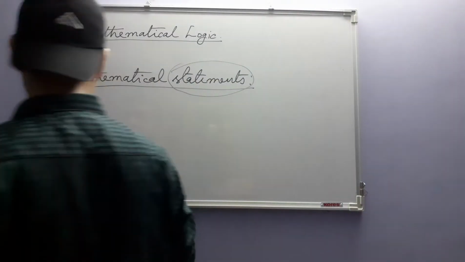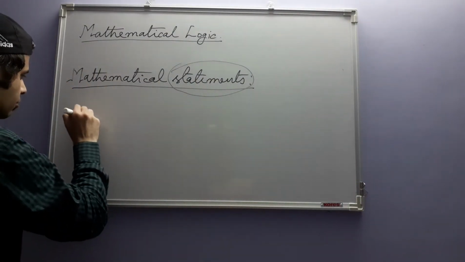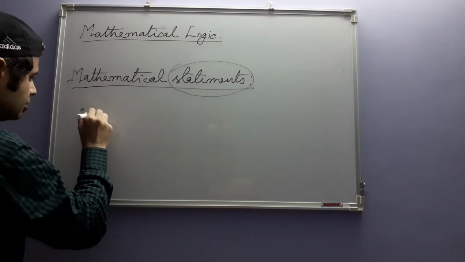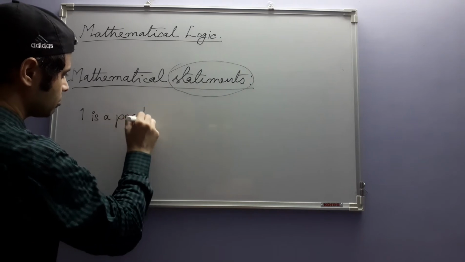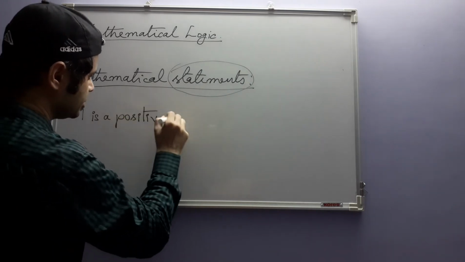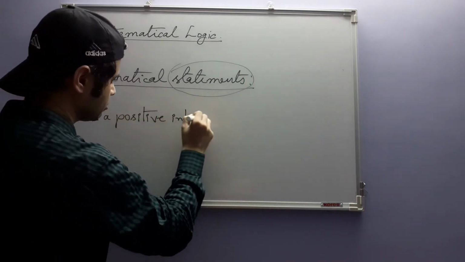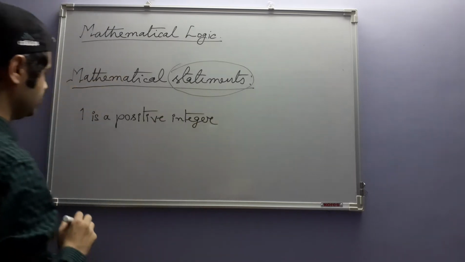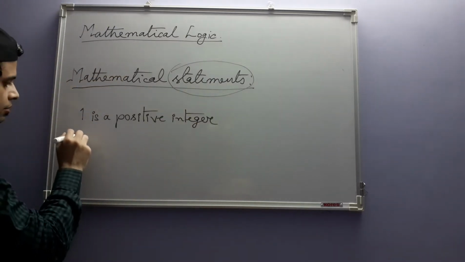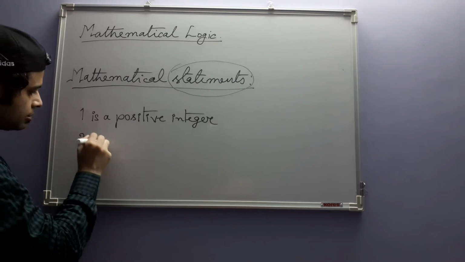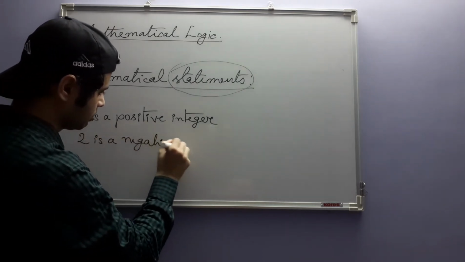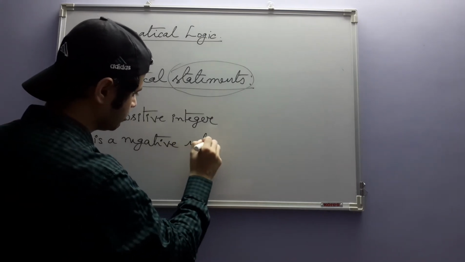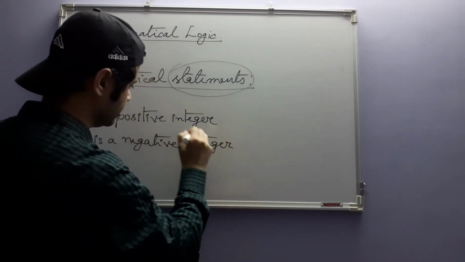For example, 1 is a positive integer. 2 is a negative integer.